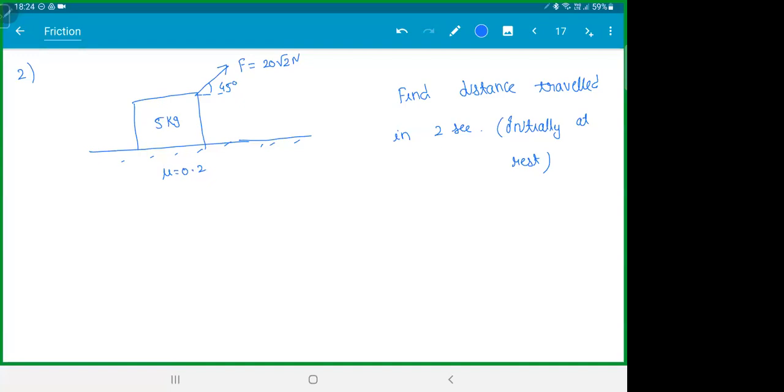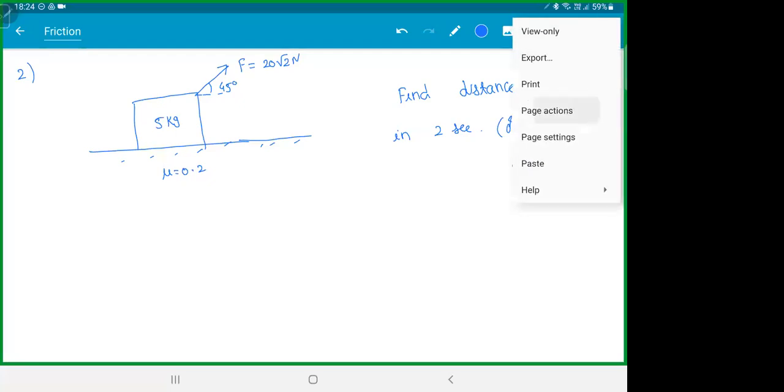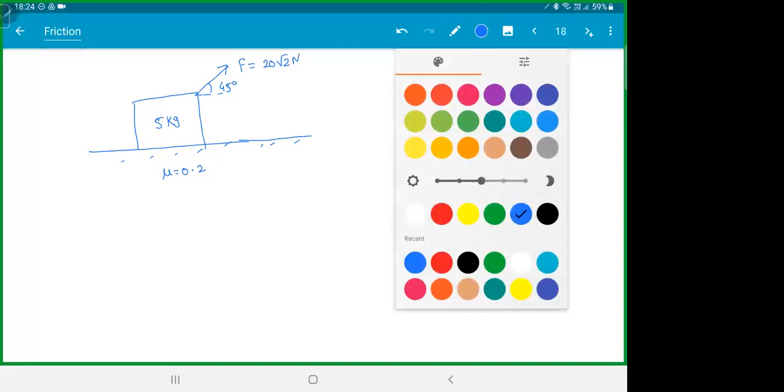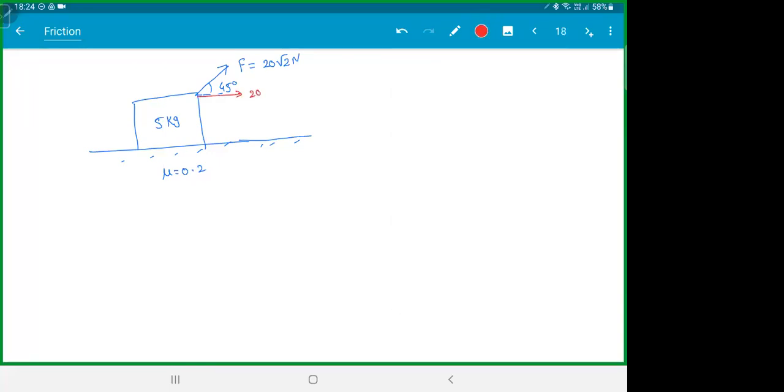N is not mg. Free body diagram. Forces: F cos 45 is 20, F sin 45 is 20, weight is 50. Normal reaction, friction, maximum, which we don't know yet.